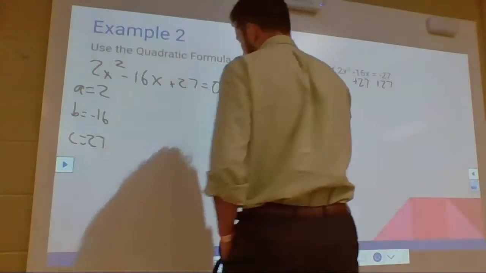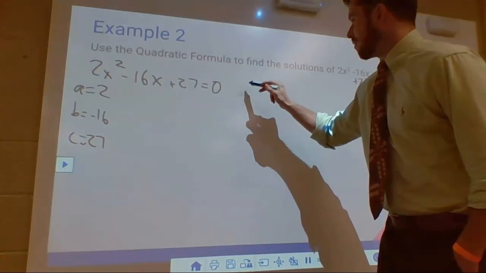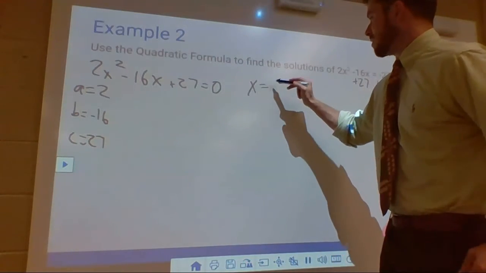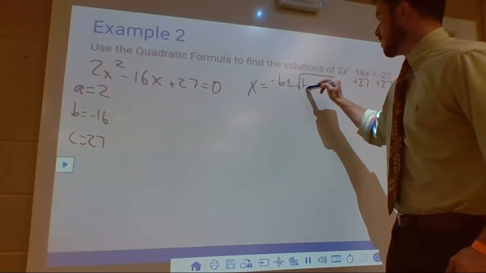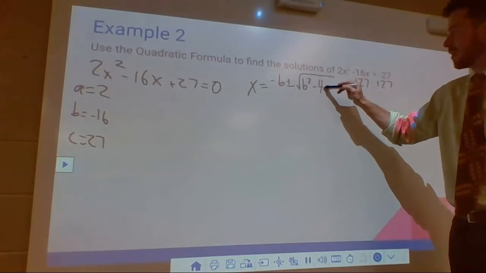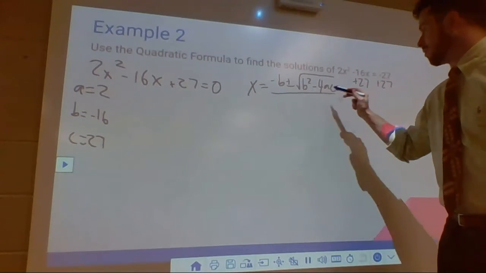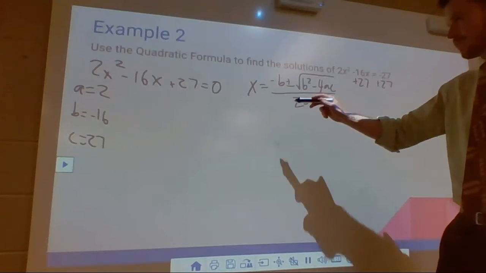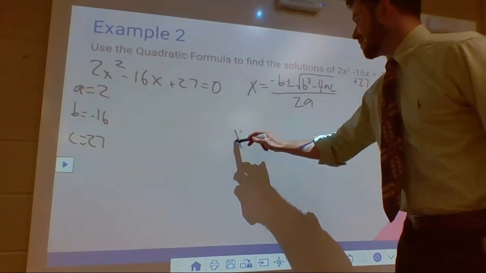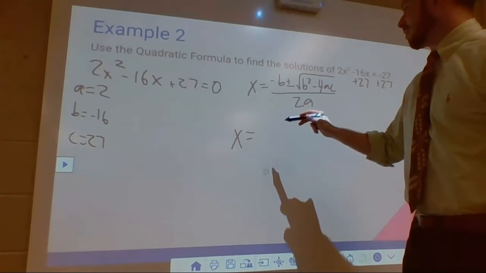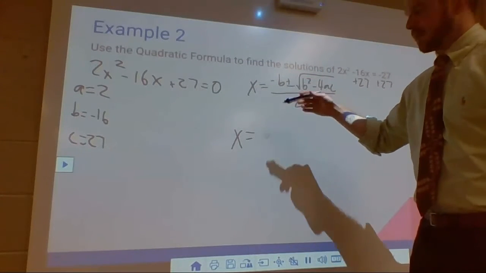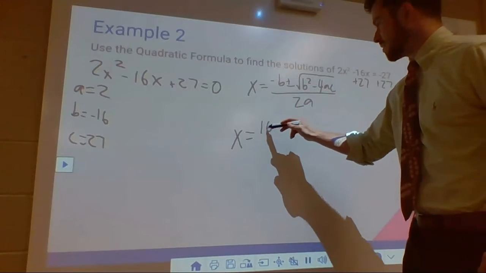Alright, so we have our quadratic formula, again x equals negative b plus or minus the square root of b squared minus 4ac, and that's all over 2a. So x equals, just substituting in now, negative negative 16. I'm going to skip a step. I know that's going to be positive 16.